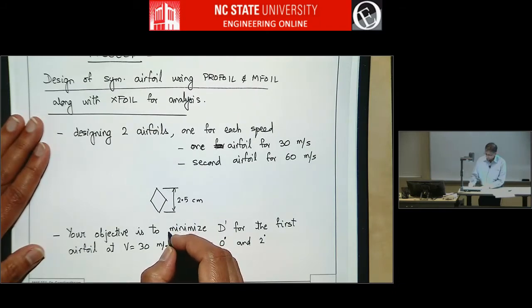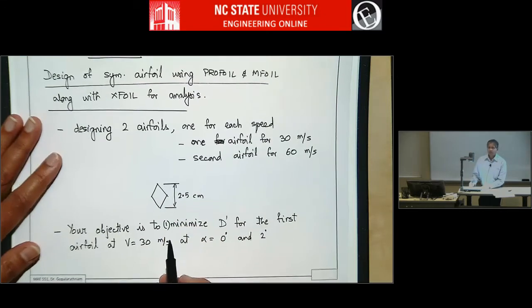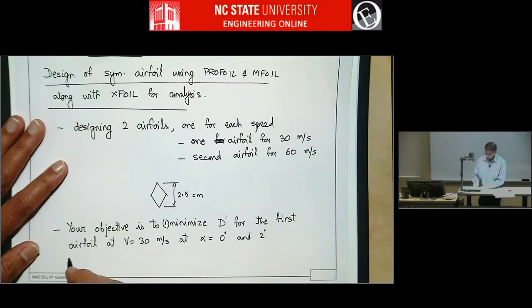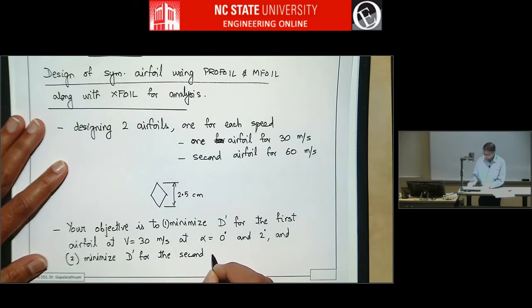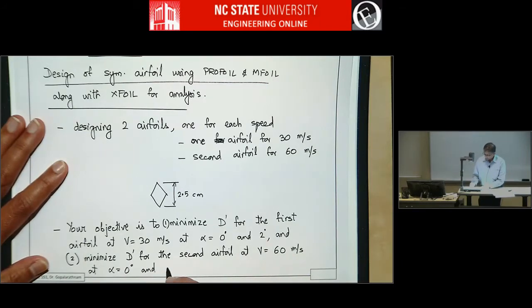So first objective is this, second objective is to do the same thing, minimize d prime for the second airfoil at V equals 60 meters per second at alpha equals 0 degrees and 2 degrees.